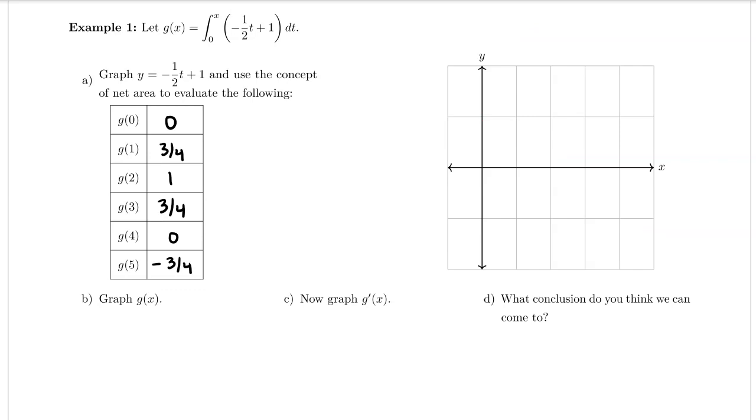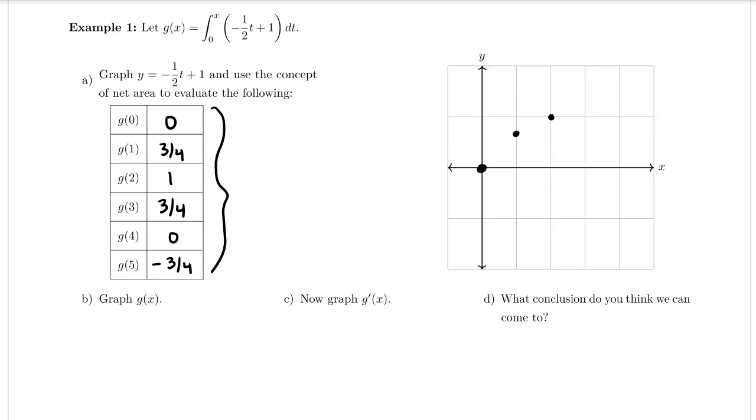All right, part B of this example asks us to graph g of x. I'm going to graph it in black since we have our output values here in black, and g of 0 is 0, so I'm going to plot a point at 0, 0. Then when I plug in 1, my output value is 3/4. When I plug in 2, my output value is 1.